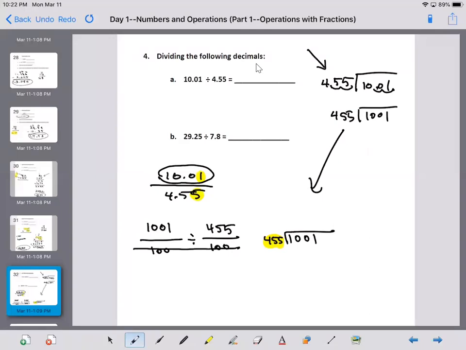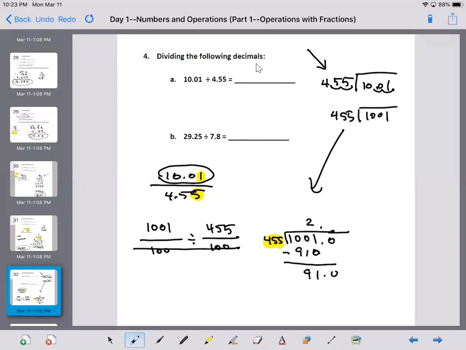And so that 455, and also I'll place my decimal point in case I need to go into tenths. Well, that would be 455 multiplied by 2, so that would be 910. And when I subtract that, I'm going to get 91.